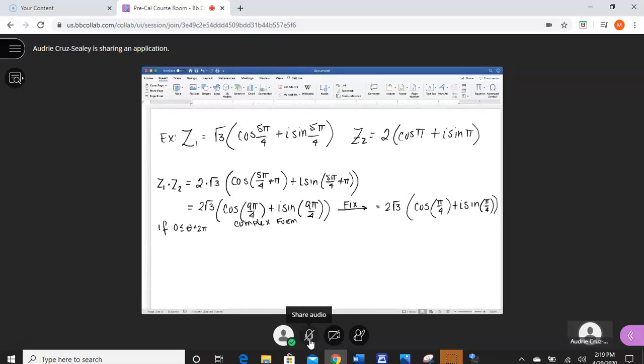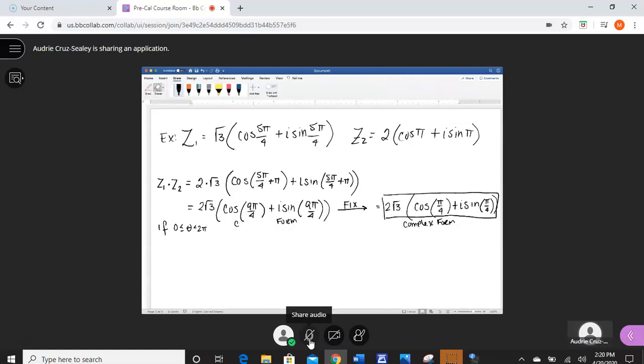So this is my same answer, except I fixed the angle. Make sense? So this is what I would put in. Ugh, nobody stopped me. I made a mistake. This is polar form. Is this okay? Any questions?